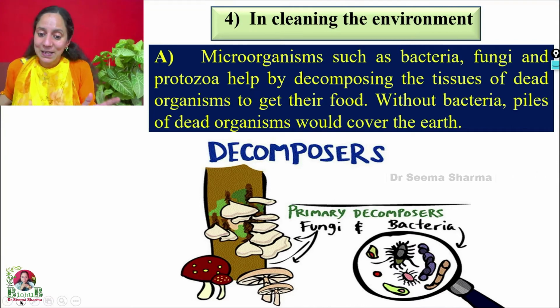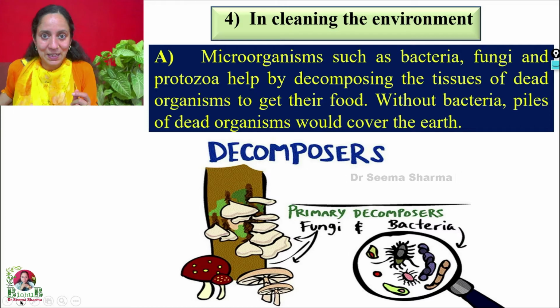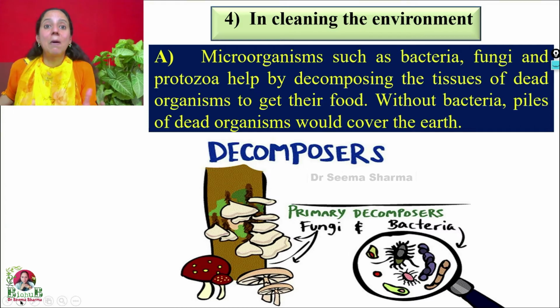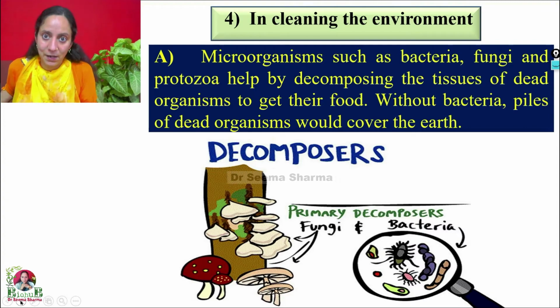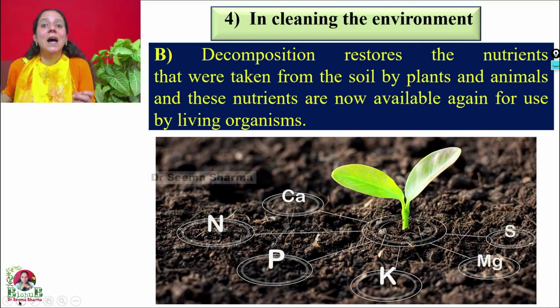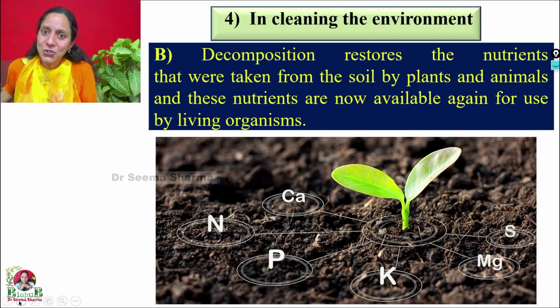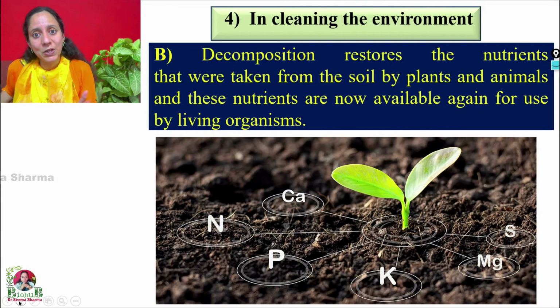They help in cleaning the dead decaying organic matter. Otherwise, we could have piles of dead organic matter which would have covered the entire earth by now. By doing this, these decomposers help in restoring the nutrient content of the soil and recycling of nutrients and making these available to a variety of life forms including plants and other animals.